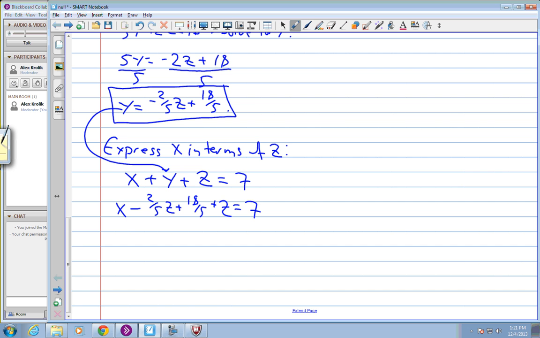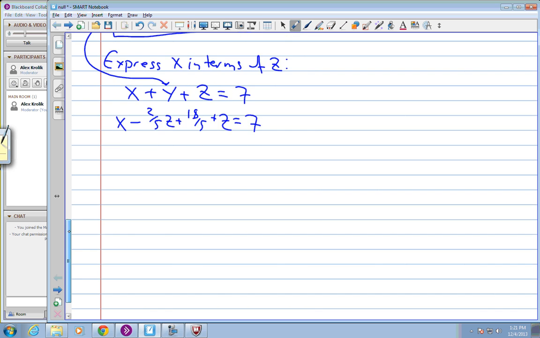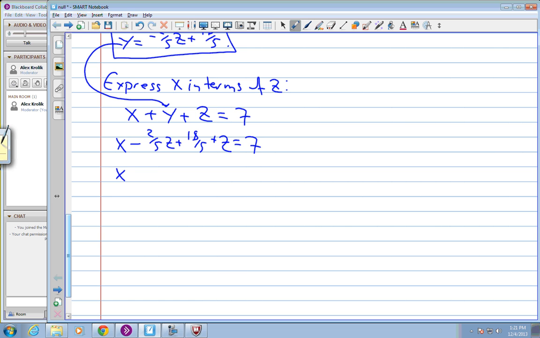So now we can solve for x in terms of z. I can do a little bit of simplification. If I combine negative 2/5 plus 1, that's positive 3/5 z, subtract 18/5 to the other side. I'll have to do some computation, but right now x equals negative 3/5 z.